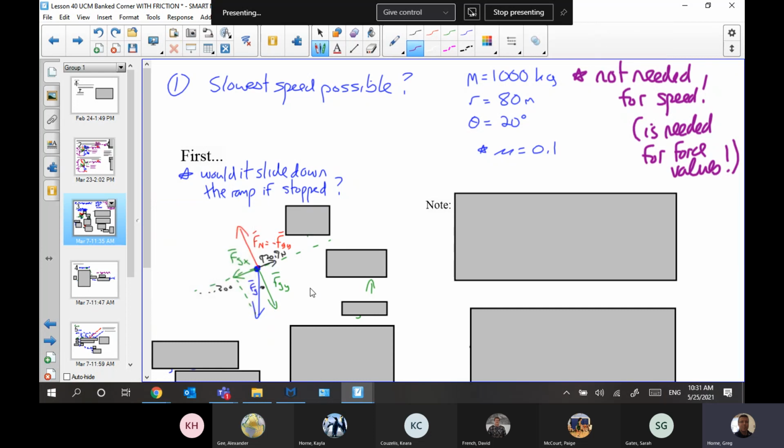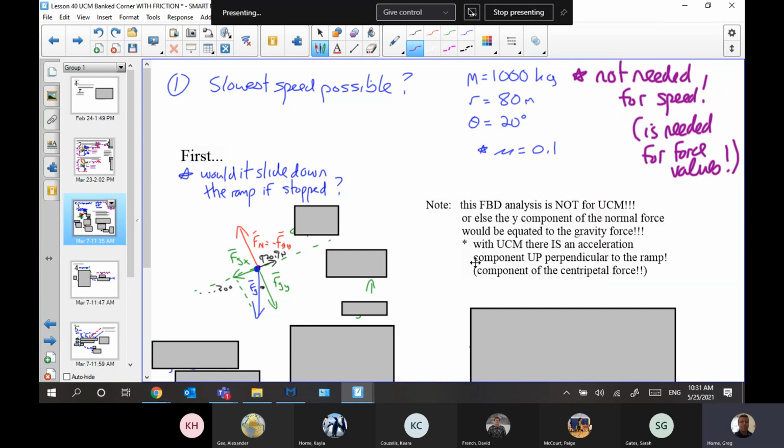So I have an analysis here where we're looking at what we have for forces. Oh yeah, I want to make sure you recognize that this free body diagram isn't for uniform circular motion, right? Or else we'd be setting the y components equal to each other and so on, right?